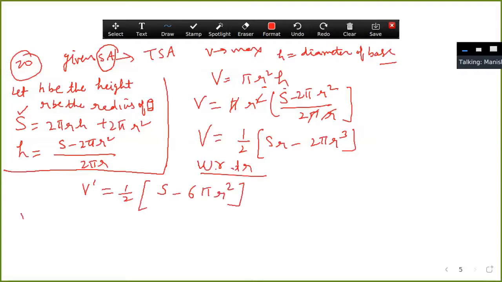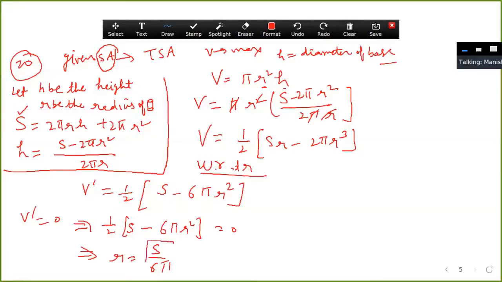Now put V dash equal to 0. What this implies? Half of S minus 6 pi r square is equal to 0. This implies, from here you can get the value, S upon 6 pi, and square means under the root sign. This is the value of r.